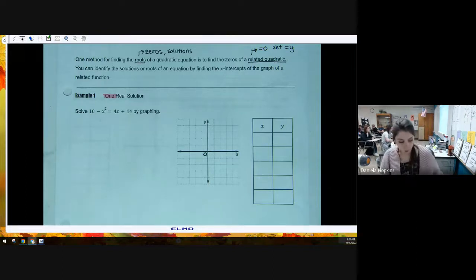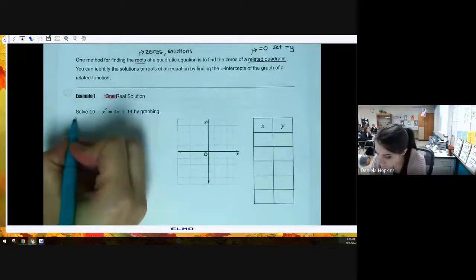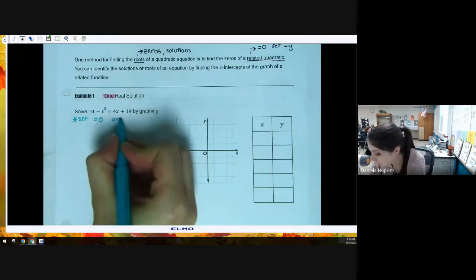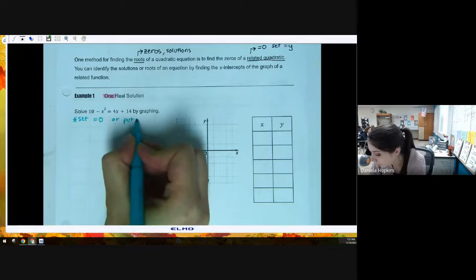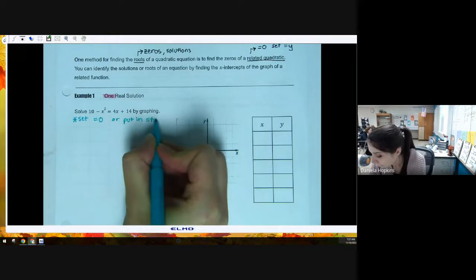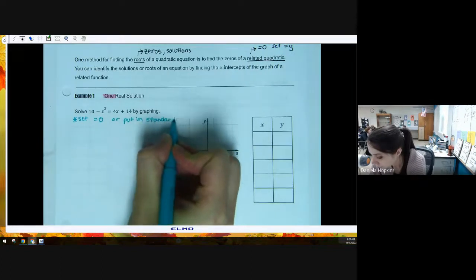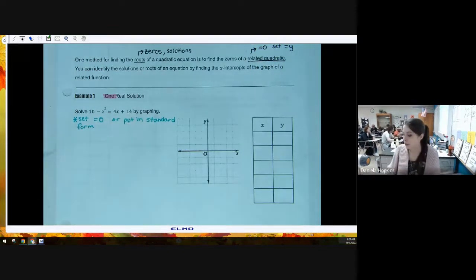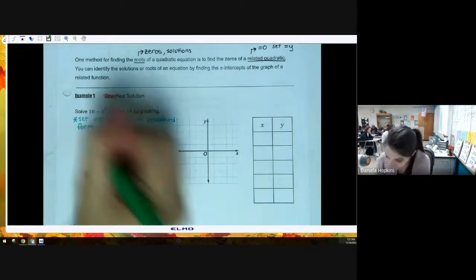So your first step here is to set equal to 0, or I will say put in standard form. So I want all the x squareds, x and numbers on one side equals 0 on the other side. So I'll rewrite this here.